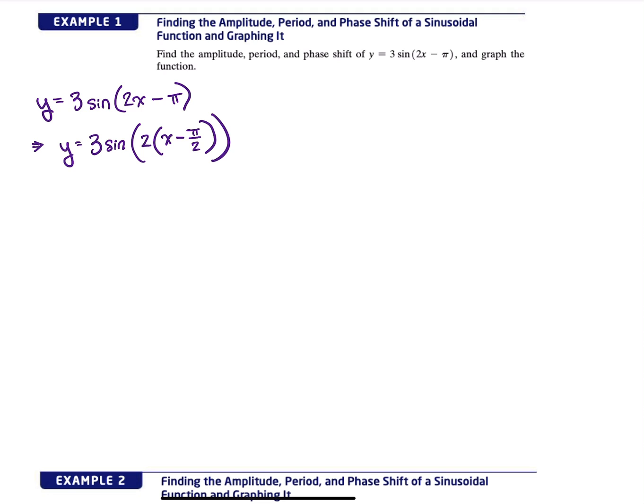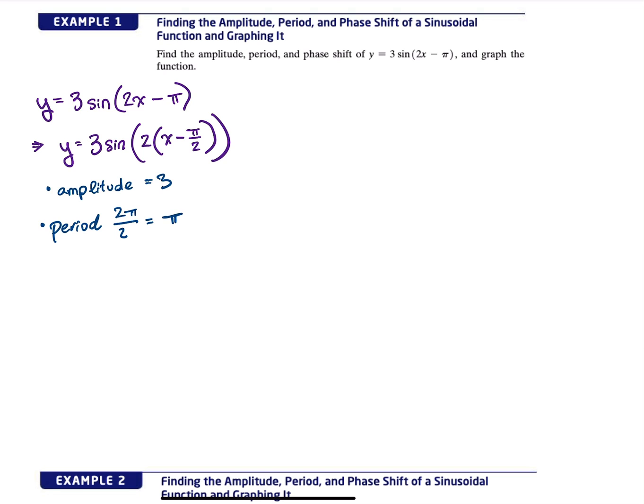This is a sine wave that has an amplitude of 3. We can get the period by taking 2 pi and dividing it by the number in front here, which is 2. 2 pi divided by 2 is pi.